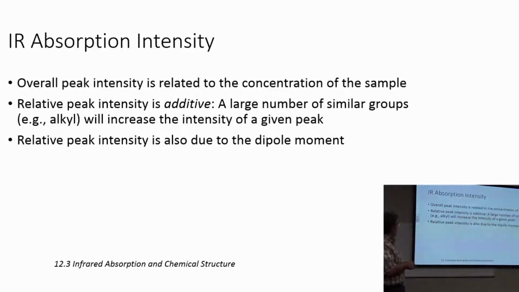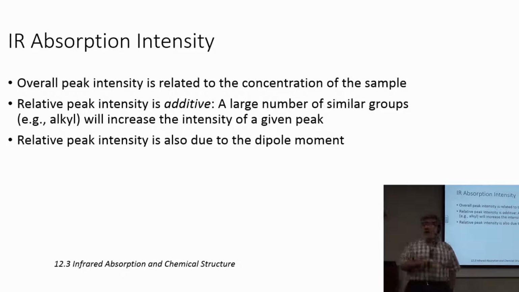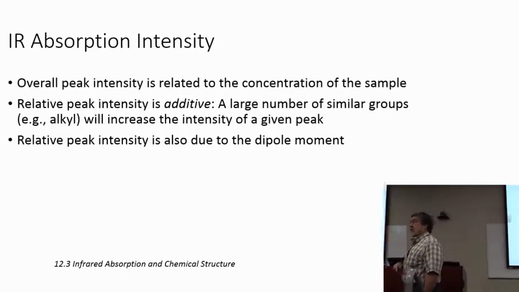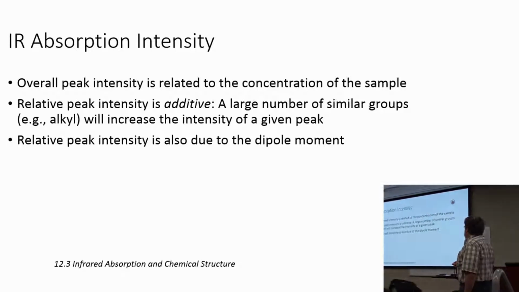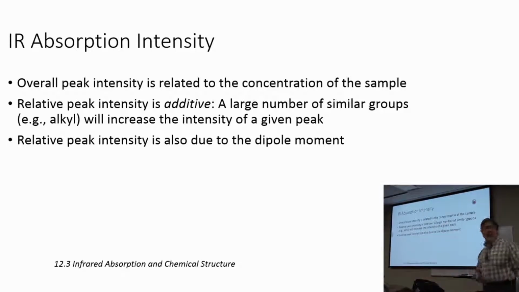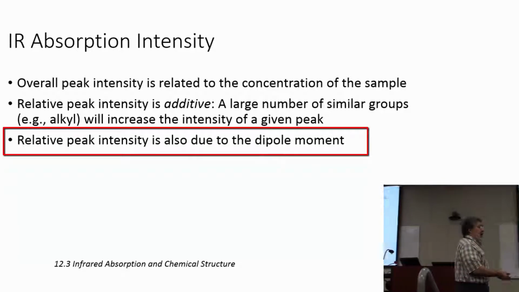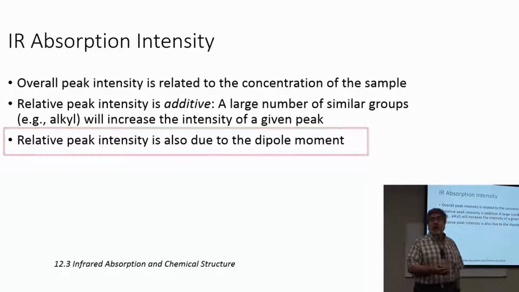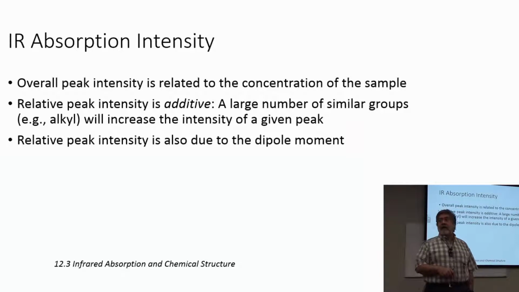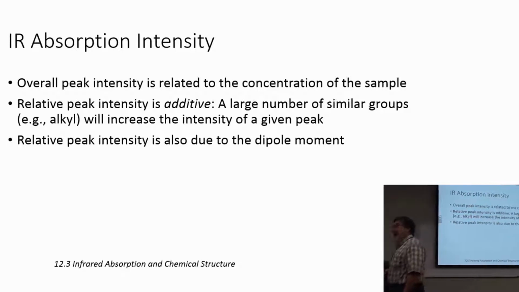Here's the third point, and why carbon and hydrogen is not a strong absorber of infrared energy. The intensity is due to the dipole moments. Stronger dipole moments absorb infrared energy better than weak dipole moments. So you think about carbon and hydrogen, that dipole is not very intense.